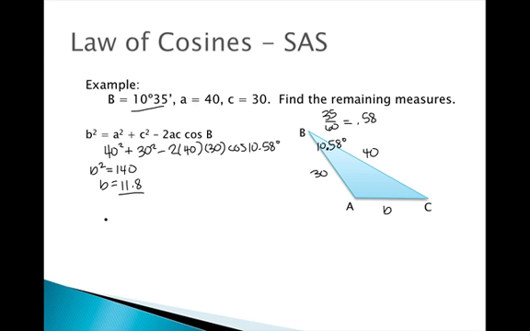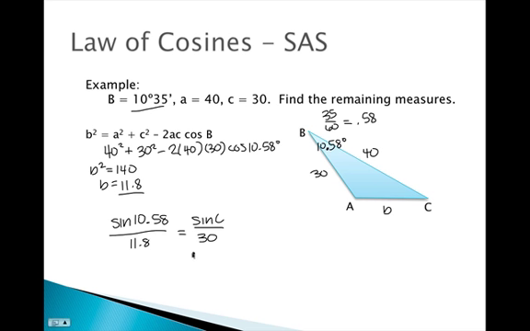And remember, I said that the order that we're going to do this matters. So just a tip for you guys. Usually it's easier to solve for the shorter side length because then you're not going to have to deal with any obtuse angles, and you can use those two angle measures to solve for the third angle. And that's what we're going to do here. So we're actually going to solve for angle measure C next. So setting up our law of sine ratio, we have sine of 10.58 over 11.8, that's the side length B, equals sine C over 30.